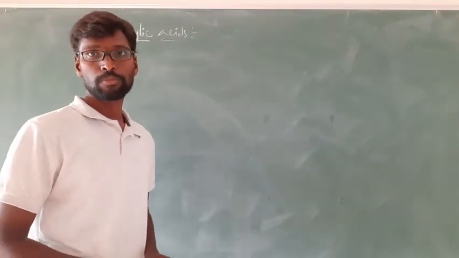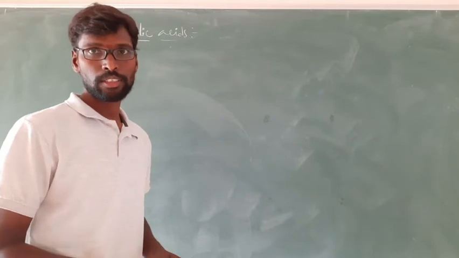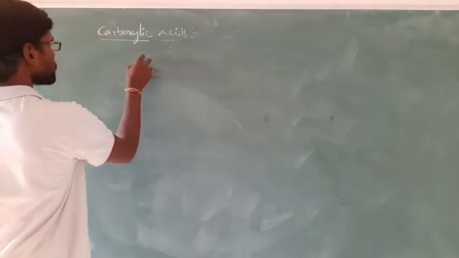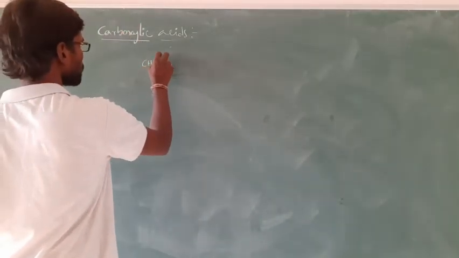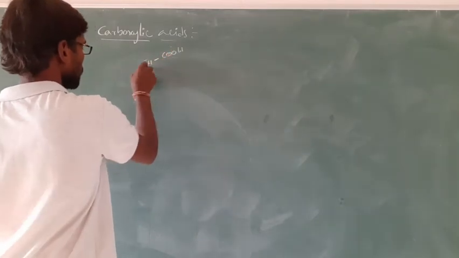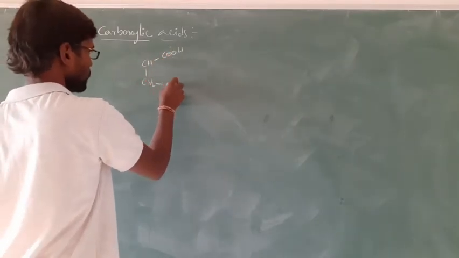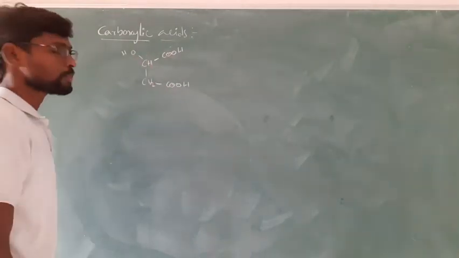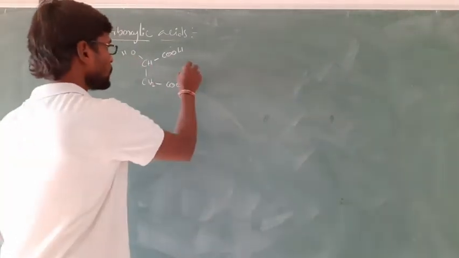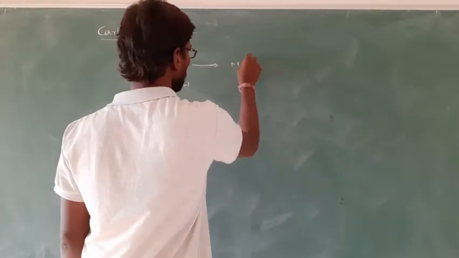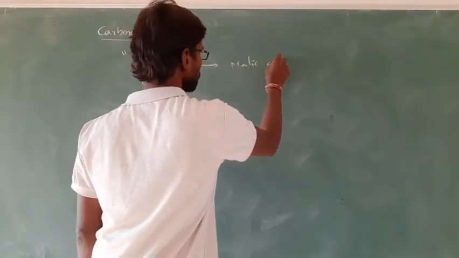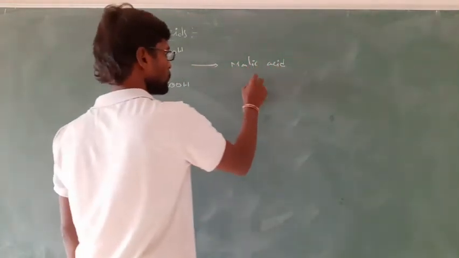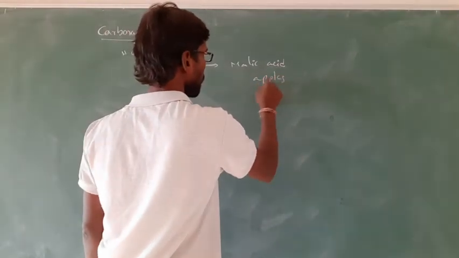Some dicarboxylic acids we'll discuss now. First one is CH, and here downwards CH2, COOH is there, and on this carbon if you have an OH, this is one dicarboxylic acid, and this is called malic acid. This is malic acid, which is present in apples.